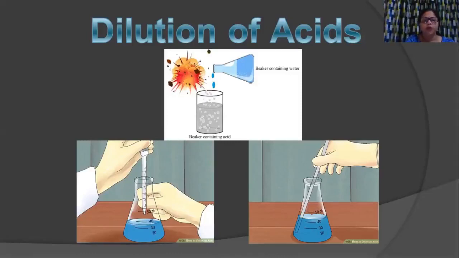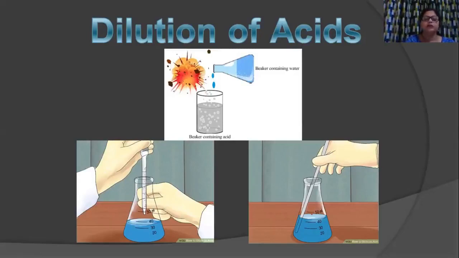To avoid such a situation, we should always add acid to water. In this diagram, you can see that the person has used a dropper to put acid in water drop by drop. In this way, the heat which is produced will not be in a large amount.